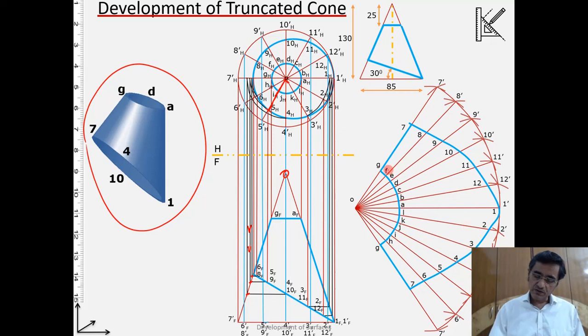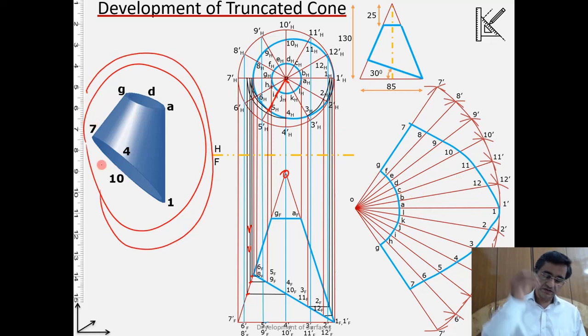Given a flat surface like this, if it can be folded about these, it will result in this. That is what the developed surface is for the truncated cone.